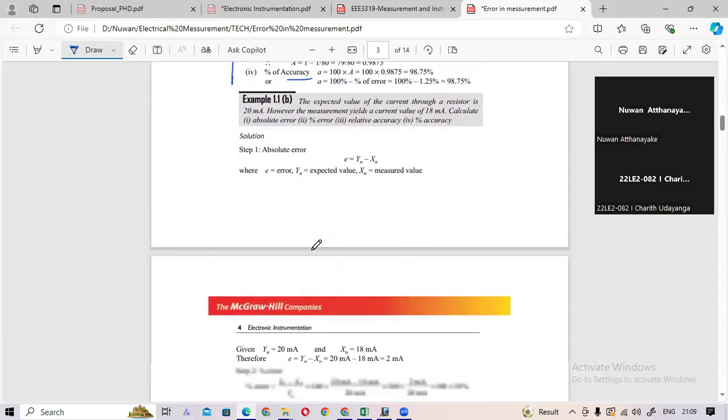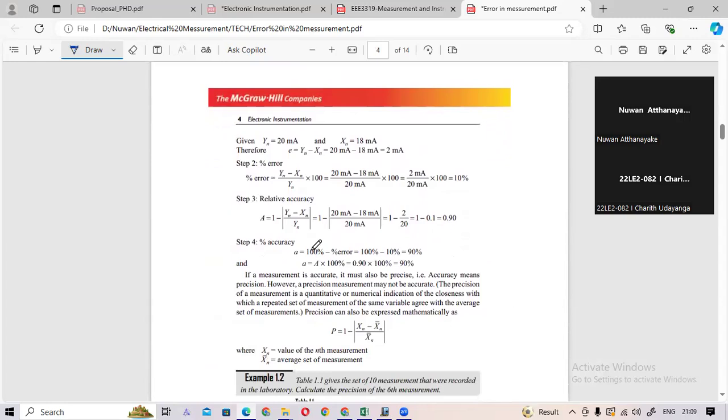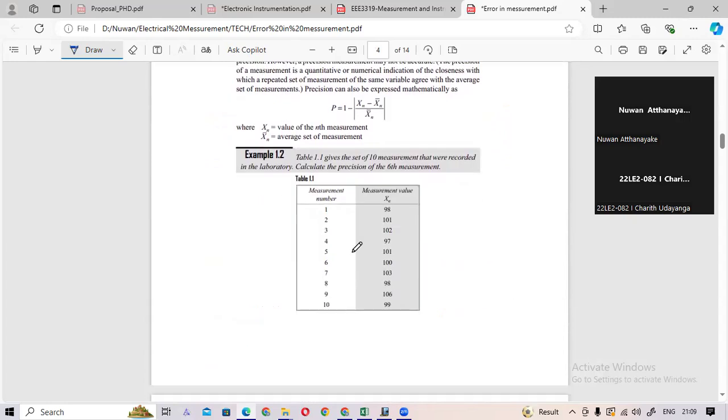So there are many examples you can identify. So here, this is another one. Here the measurement numbers are there. So these are the measurement values. How many measurements? 1, 2, 3, 4, 5, 10 measurements. So if you add all these values and divide by 10, you can get the expected value or mean.